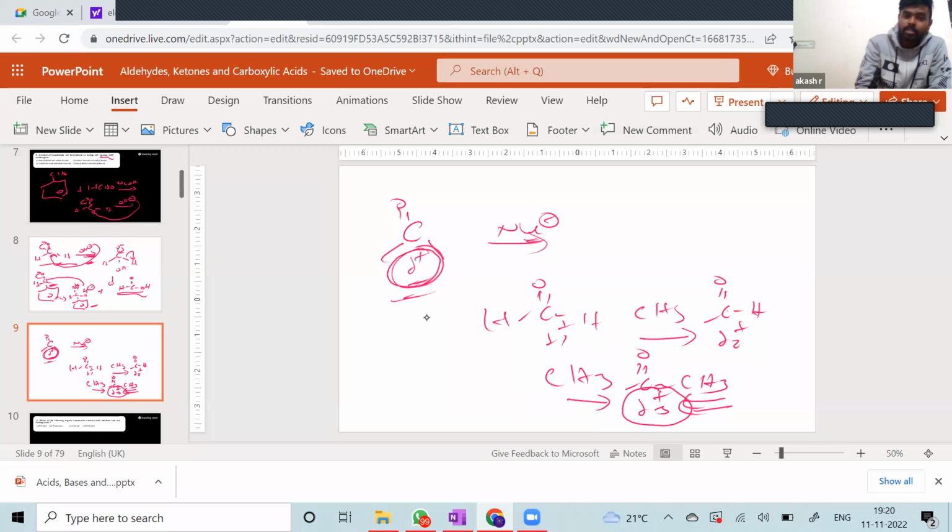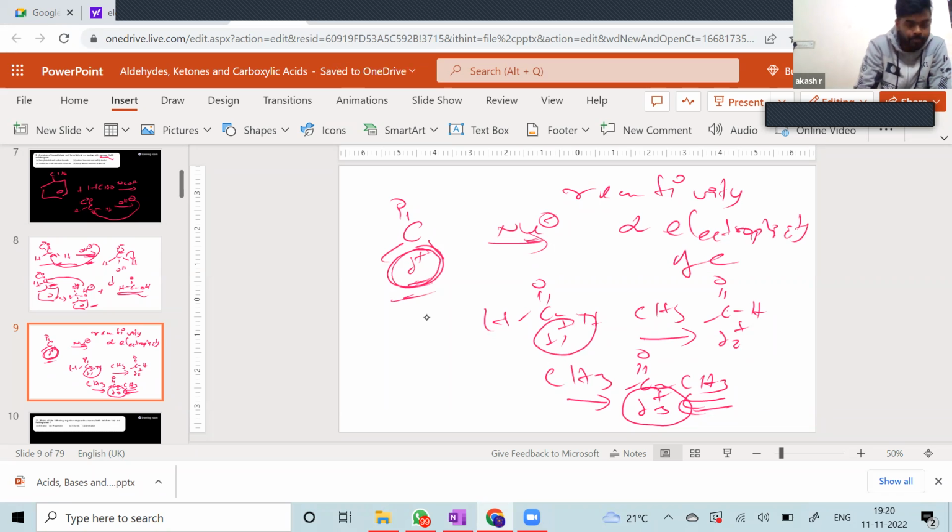Okay. So what you can say is the reactivity towards your nucleophilic addition reaction is directly proportional to the electrophilicity of the carbon. When I say electrophilicity, what is electrophilicity? The positive charge on the carbon. Okay, that is the first criteria to look for.